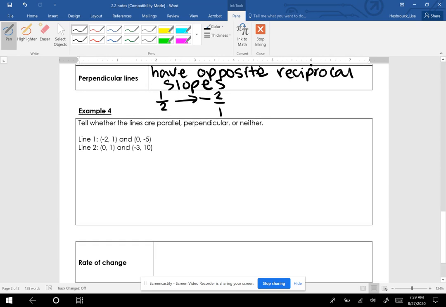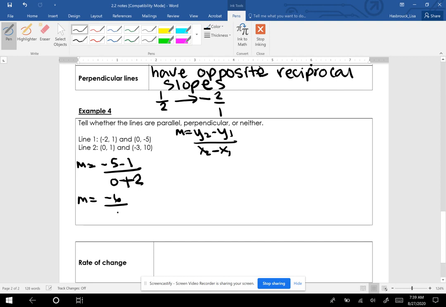So this is the opposite reciprocal of 1/2. In example 4, we're going to tell whether the lines are parallel, perpendicular, or neither. In order to do this, we do need to find the slope of each. I'm going to go ahead and write the slope formula once up here. So for line 1, I have negative 5 minus 1 over 0 minus a negative 2. Negative 5 minus 1 is negative 6.